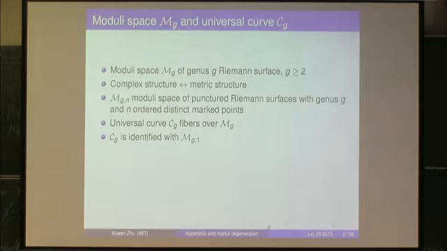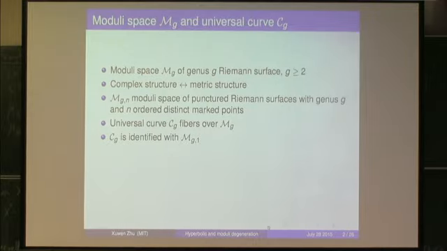Let me draw a picture. This is our moduli space, M_g. I should also say, in the M_{g,n} case, we're interested in the stable range, which is 2g minus 2 plus n greater than 0. When n is 0, this is why we are in the g greater than or equal to 2 case.